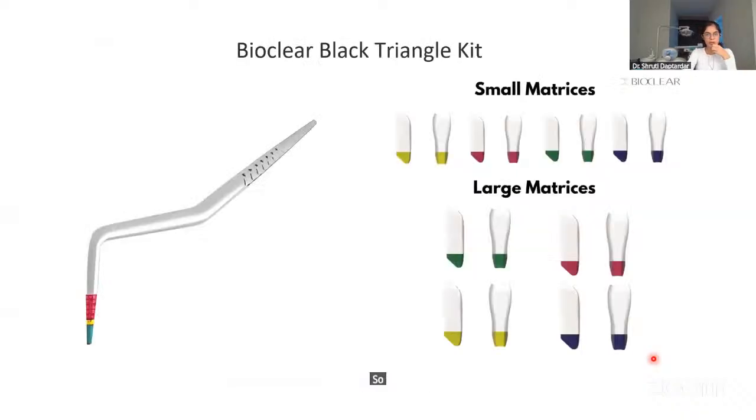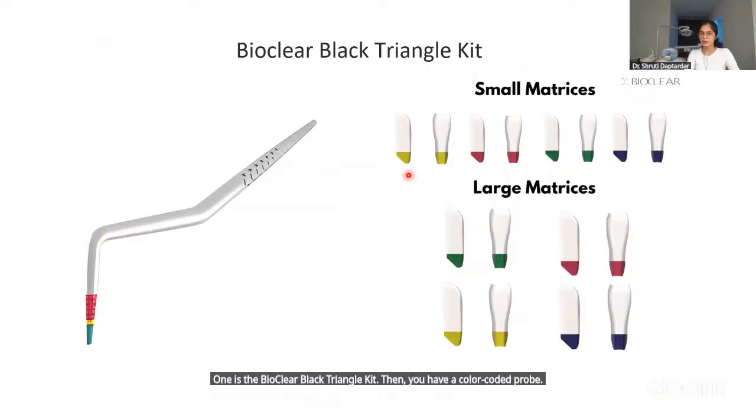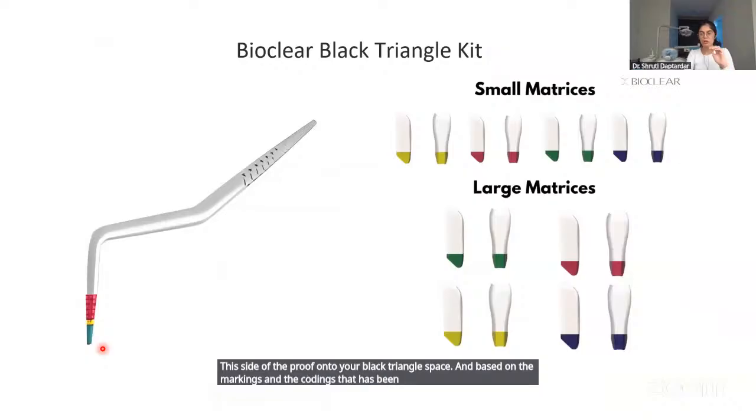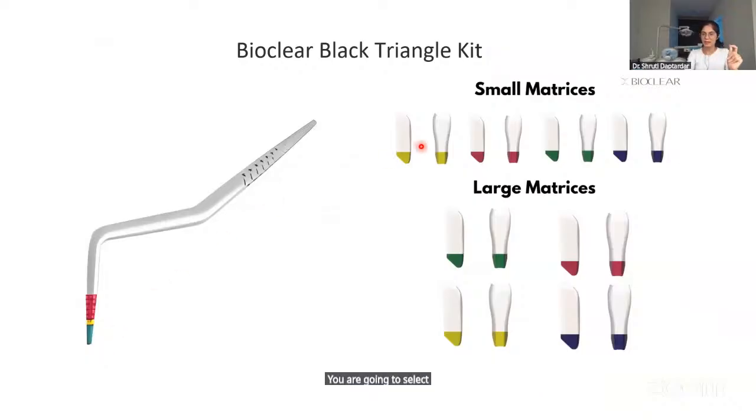So BioClear has 2 different lines for anterior restoration. One is the BioClear Black Triangle Kit, where you have a color-coded probe and similarly color-coded matrices in different sizes. You are going to insert this side of the probe onto your black triangle space, and based on the markings and the codings that have been mentioned, you are going to select an appropriate size and color of the matrix for your restoration.